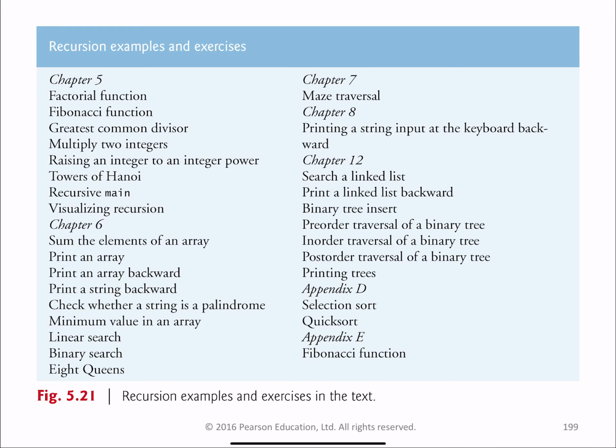Now here's a set of other, some of them quite famous, examples of recursive algorithms in different chapters. I'll just point out some of the most famous ones. There's the factorial function and the Fibonacci function, which we already did. The Towers of Hanoi is another one.